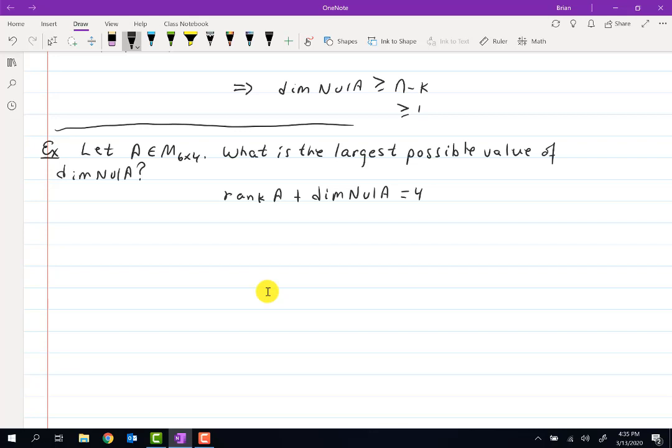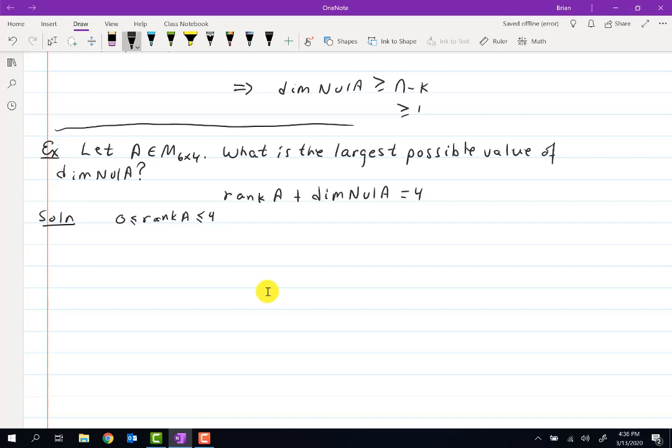So can we have the rank of A equal to 0? I guess if the matrix is 0, you could have that happen. But nonetheless, we have a solution. We do know this, that 0 is less than or equal to the rank of A, which is less than or equal to 4. The only way you're going to have 0 is for the matrix to be the 0 matrix.